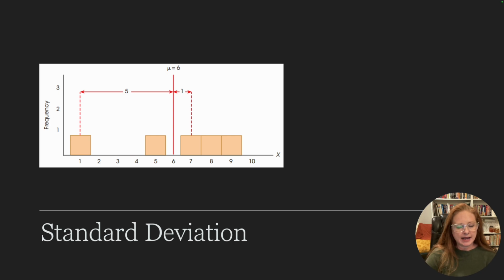So even though we did not have anybody that scored a 6, our average, or in this case mu, is 6. The frequency, how tall it is, is the height of the corresponding bars. X is still our scores.